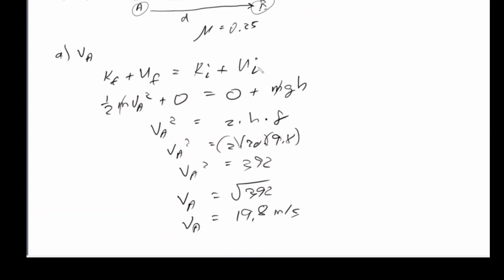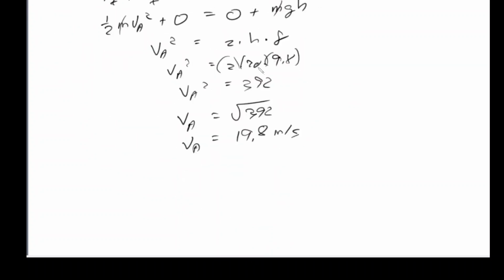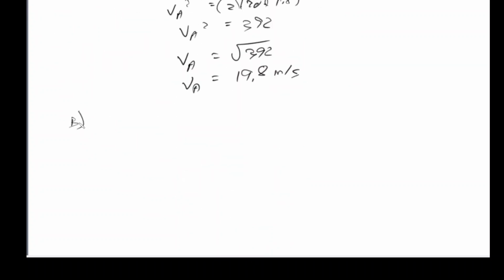And in this case, there is friction. So let's set that up. Kinetic energy at B plus potential energy at B is equal to kinetic energy initial plus potential energy initial plus the work done by friction.